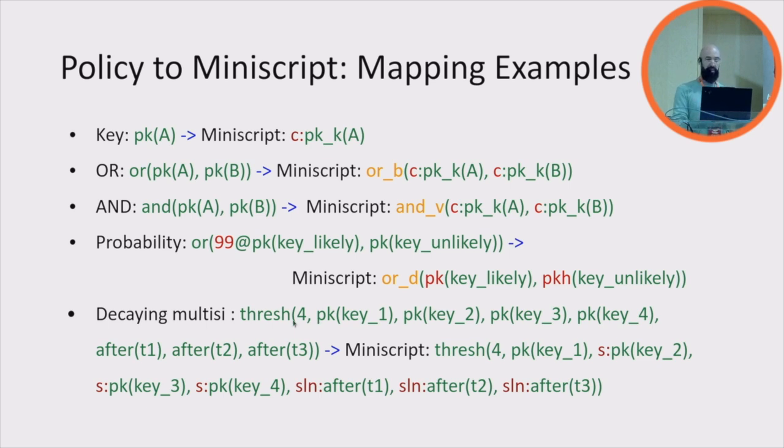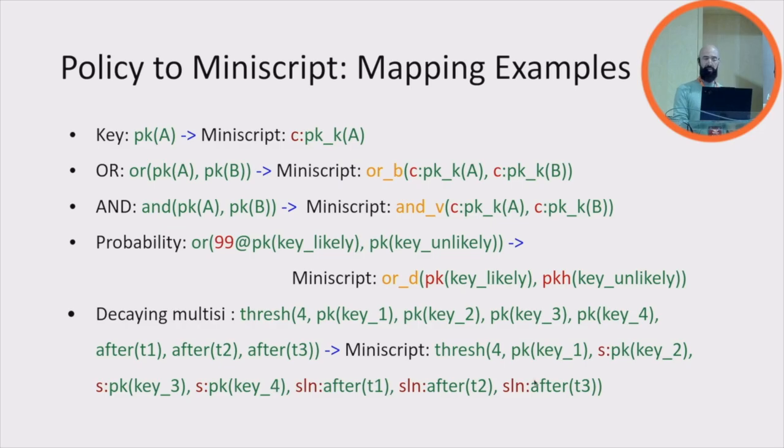And we can see that a k-of-n multisig is translated to something like that. Threshold will also be translated to thresh, but we will add some wrappers to it.